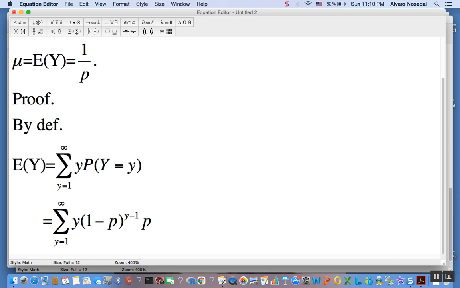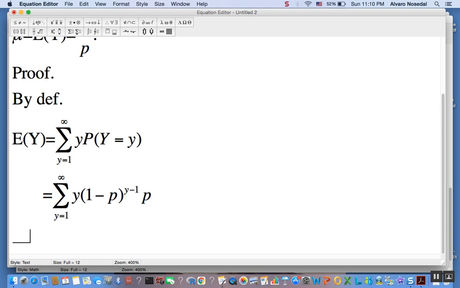Okay, now let me label 1 minus p as q. It's going to be easier to deal with these expressions if I just define q equals 1 minus p. So note that we can also pull that p out and place it outside that infinite sum.